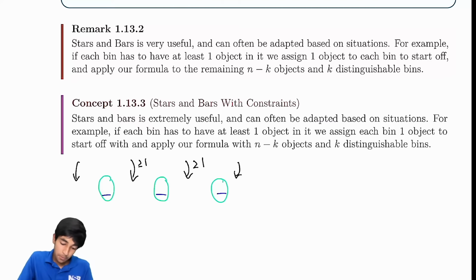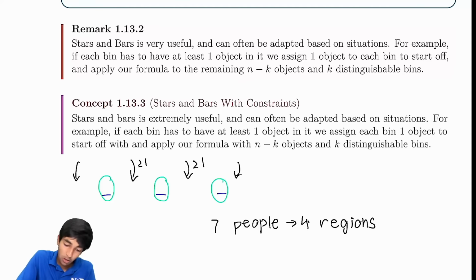So it's like we're distributing 7 people into four regions, except 2 of the people have to go here and here. To do this, we use stars and bars, except we subtract 2 people because we have to assign them to these 2 regions. So now we just have 5 people distributed amongst 4 regions. That's just 8 choose 3.